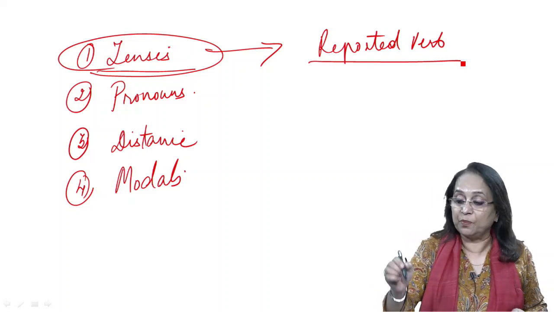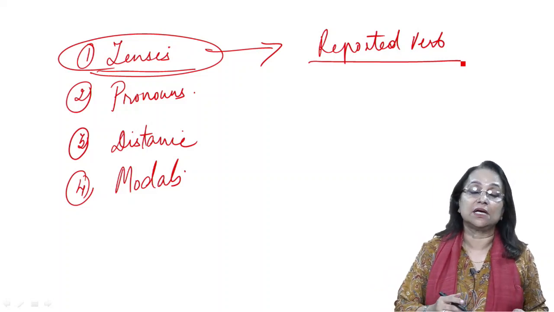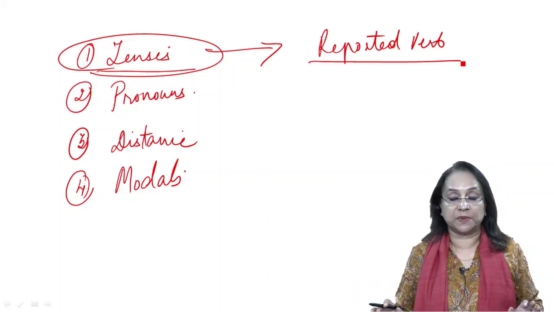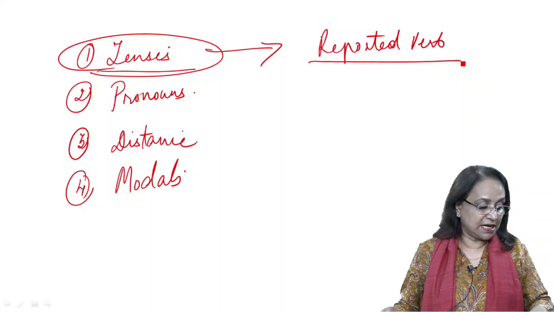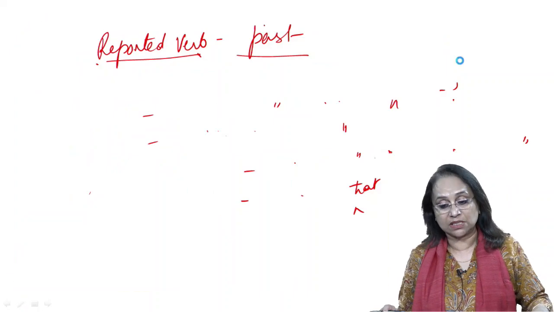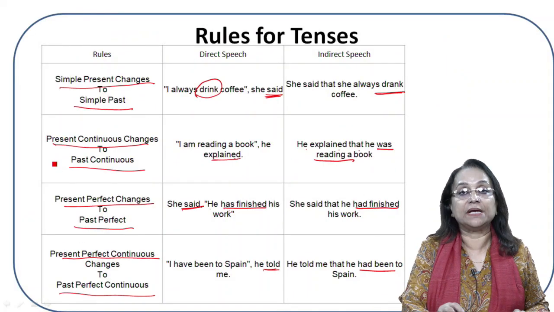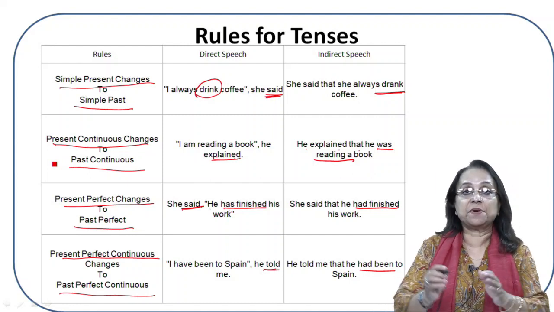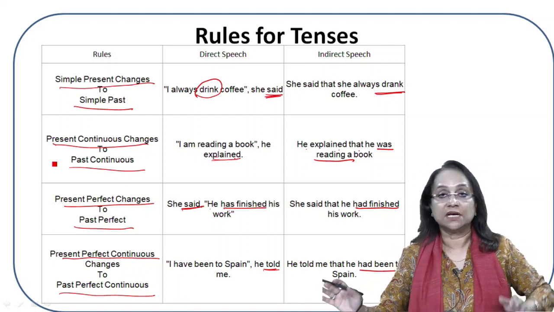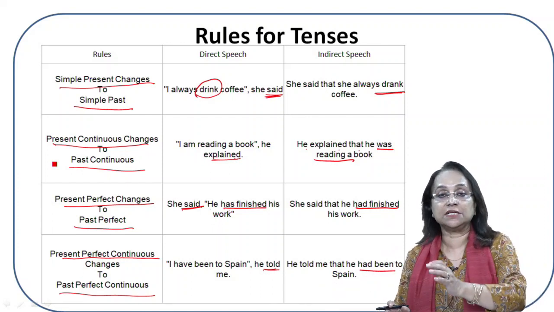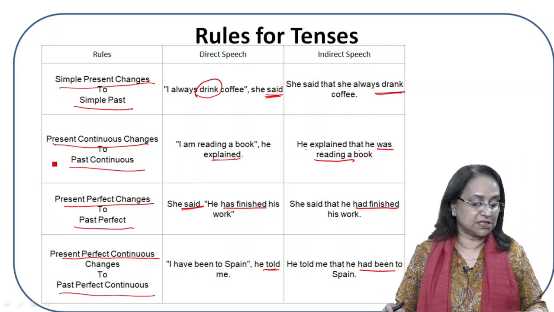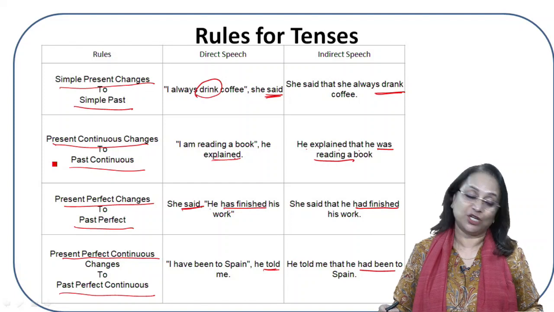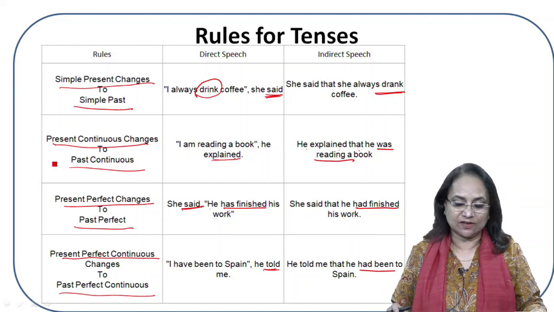If the reported verb is in the past tense, then all the tenses will change in indirect speech. If it is simple present, it will become past. If it is present continuous, it becomes past continuous. If it is present perfect, it becomes past perfect. If it is present perfect continuous, it becomes past perfect continuous. Right? So we are done with one part of the change that happens, the tenses.